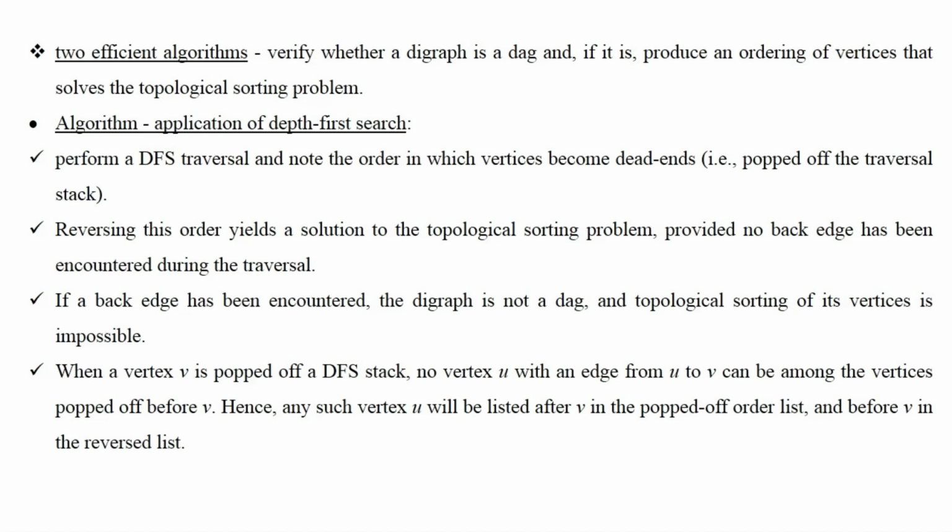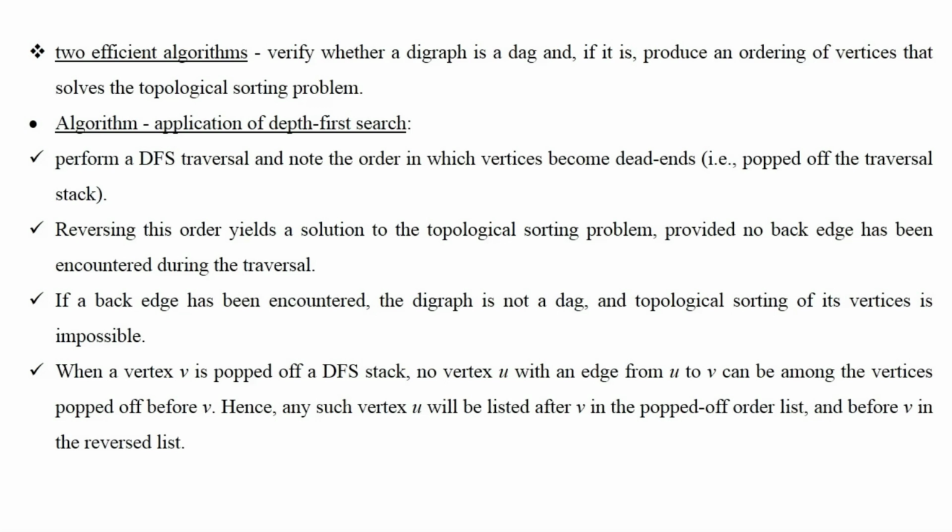If you reverse the order in which the elements are popped off from the stack, we get a solution to the topological sorting problem. But ensure that no back edge has been encountered during the traversal. Why should there not be a back edge? A back edge indicates that it is a cyclic graph, and hence topological sort will not be possible.